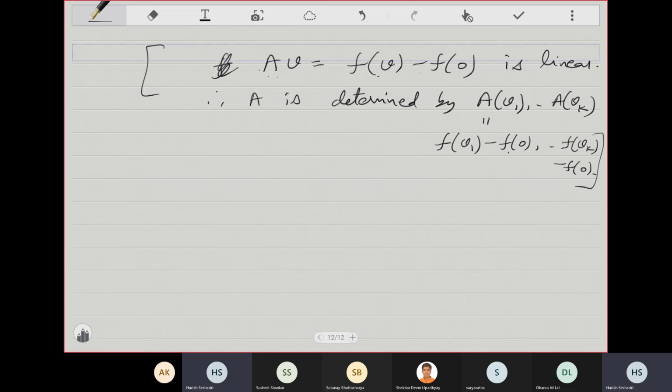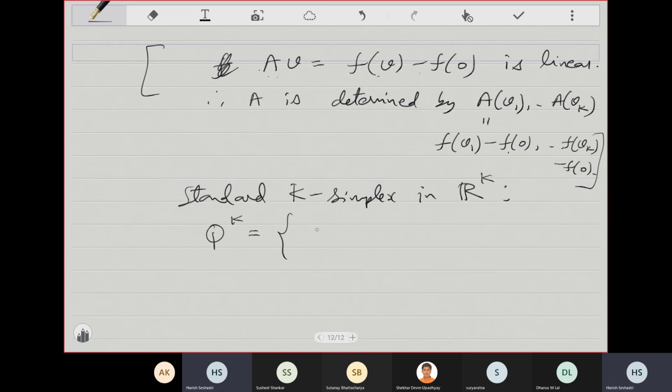And the next thing is, let me remind you what the standard k-simplex in R^k is. This is the set which we have called Q_k.